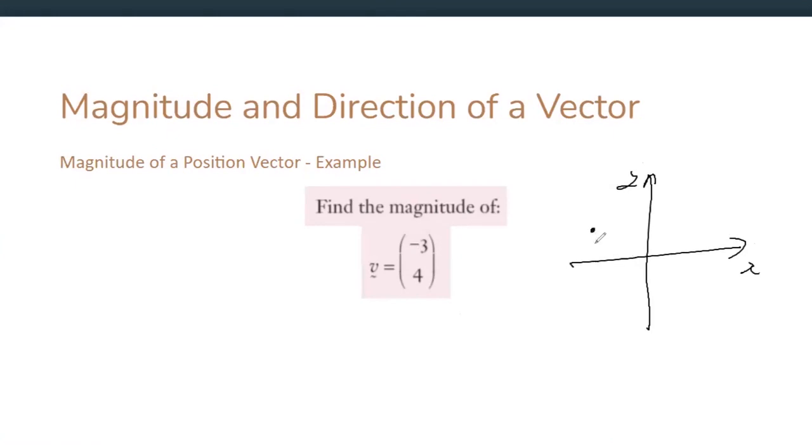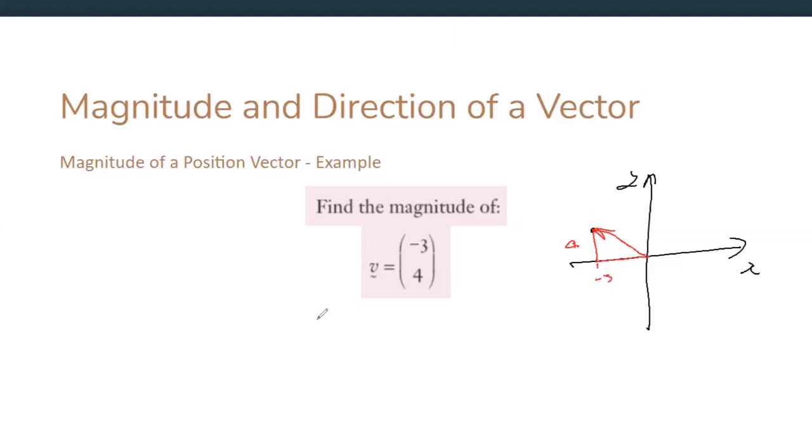So we're actually going to be here. We end up with this triangle here when we have a vector pointing that way. And that will be 4 long, and that will go across -3, so that'll be 3 long.